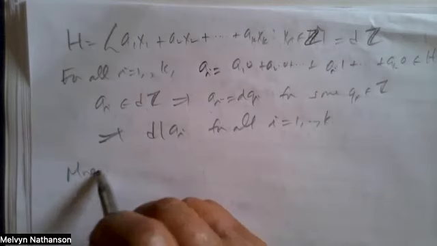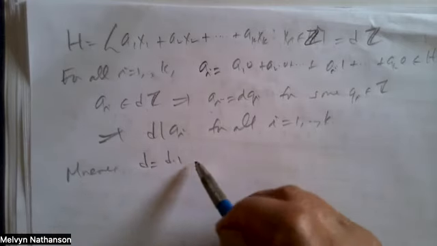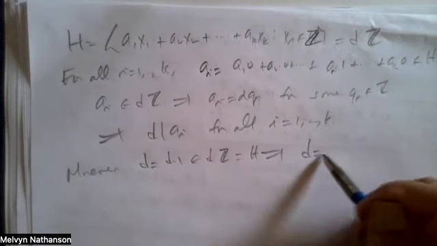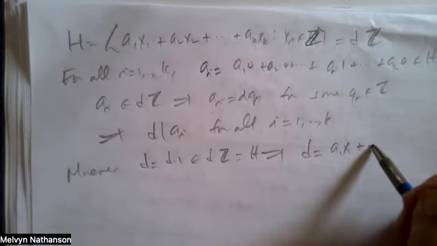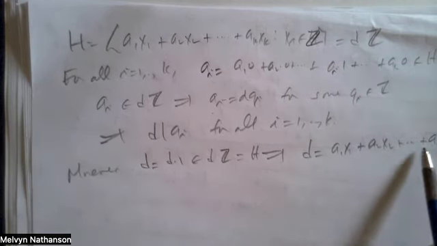Moreover, d, which is d times 1, is in dZ, which is H, which means d itself is an integral linear combination of A1 up to Ak.